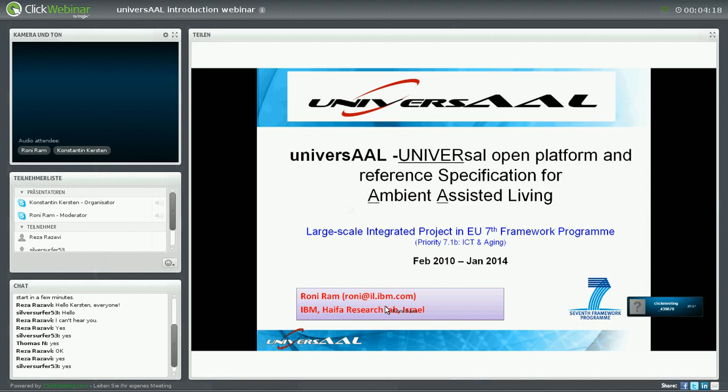So good afternoon. My name is Roni Ram, and I'm from IBM Haifa Research Lab, and we are located in Haifa, Israel. Our lab is one of the industrial partners involved in the universAAL project. The name universAAL stands for Universal Open Platform and Reference Specification for Ambient Assisted Living. universAAL is a large-scale IT project funded by the EU FP7 program.